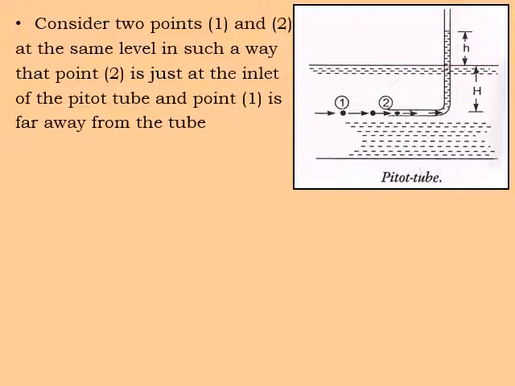Here two points are taken into consideration. In order to measure the velocity, we consider points 1 and 2 at the same level, such that point 2 is just at the inlet of the pitot tube and point 1 is far away from the tube.